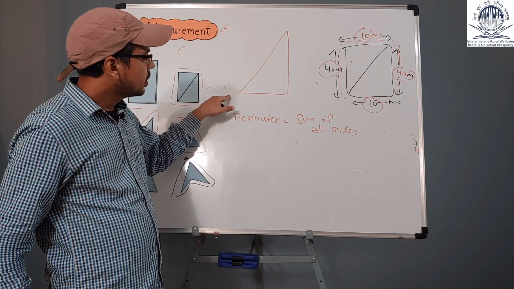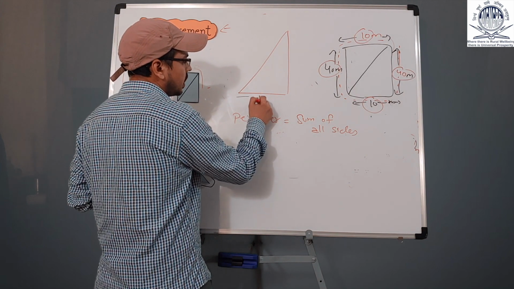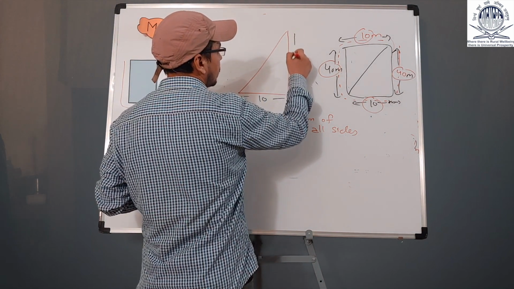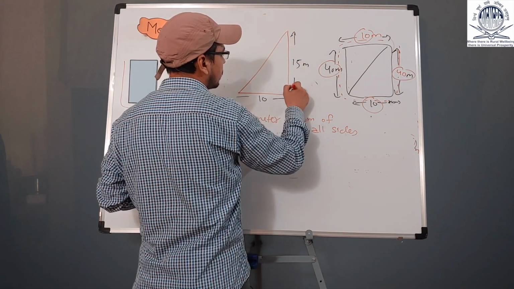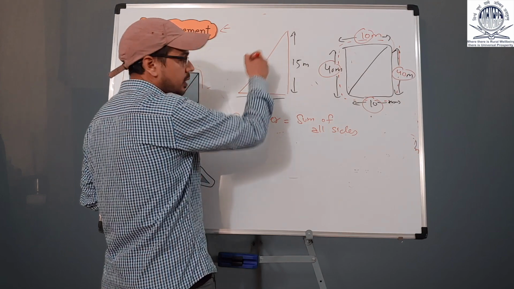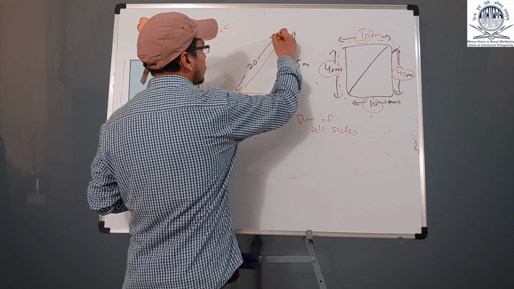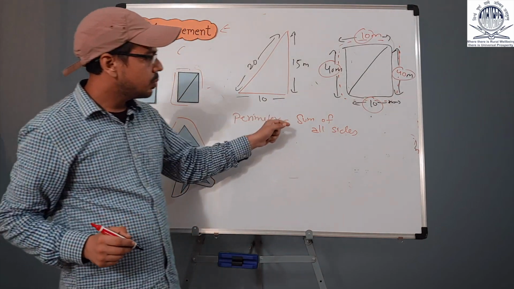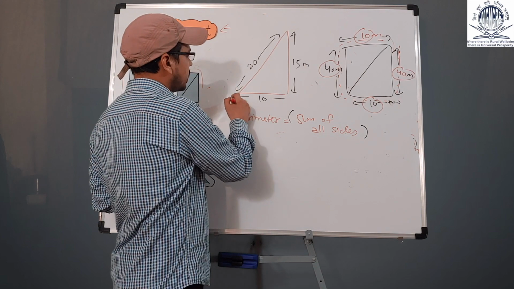So let's say I find this as 10 meters, and this as 15 meters, and this one, it seems to be bigger, so let's say I take this as 20 meters. So what is the perimeter? Sum of all sides.